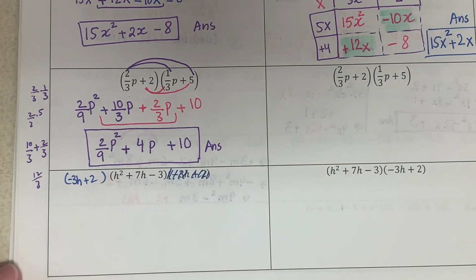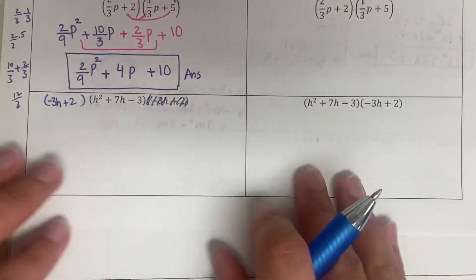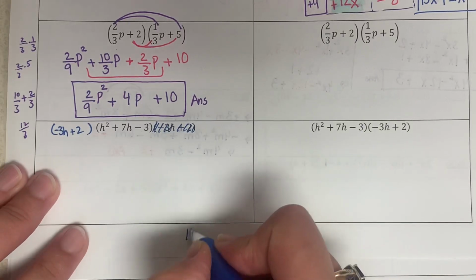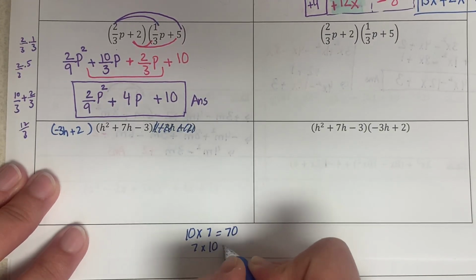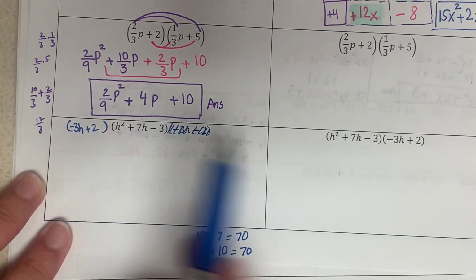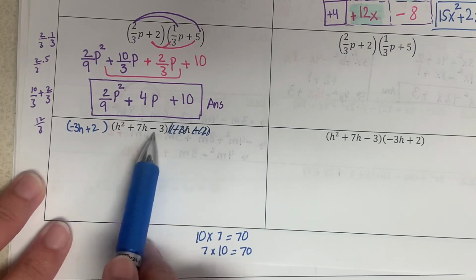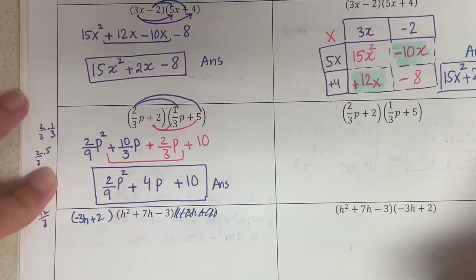It is a simple mathematic rule. I can show you an example at the bottom. What I did over here is 10 multiplied by 7 is 70, and 7 multiplied by 10 is also 70. Since I'm multiplying them, I just switch the order of the sets of parentheses. This helps me with multiplication.